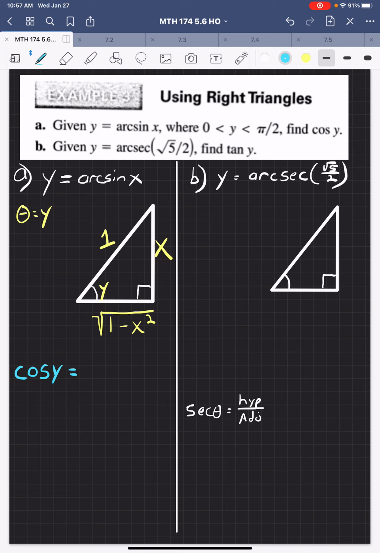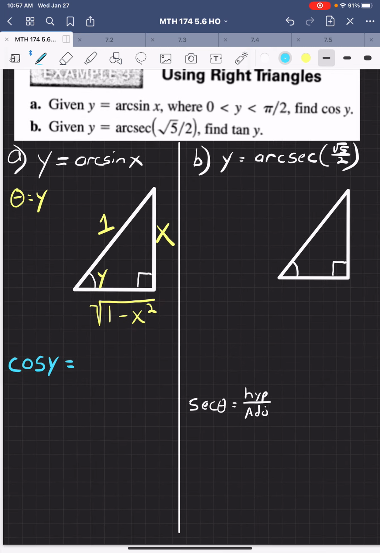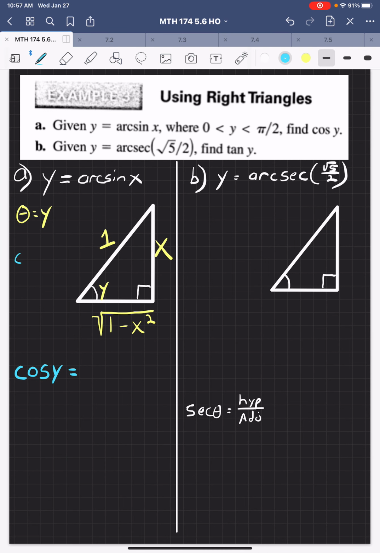All right. Well, maybe we should start with the definition of cosine. So cosine of some angle is simply defined as the adjacent divided by the hypotenuse.